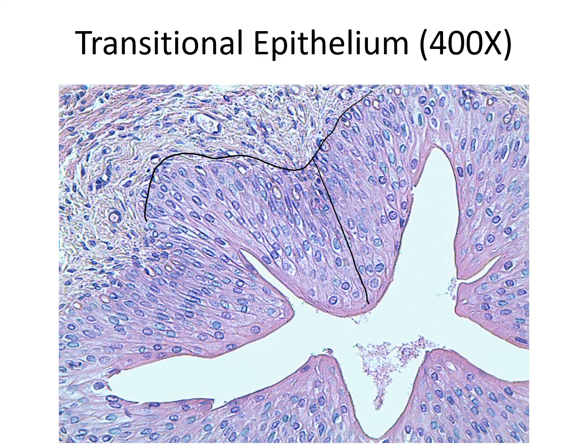So it looks like stratified cuboidal, right? This does look like little cubes to me, but this is a part of, I believe, the ureter, and the ureter is covered by transitional epithelium. So you guys try to remember how transitional epithelium looks, so you can recognize it during your exam.